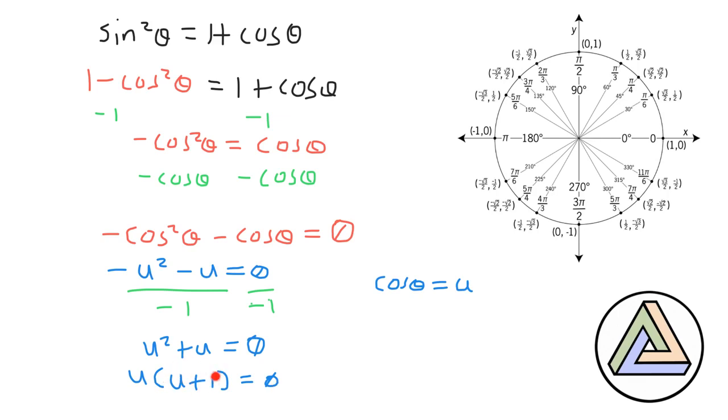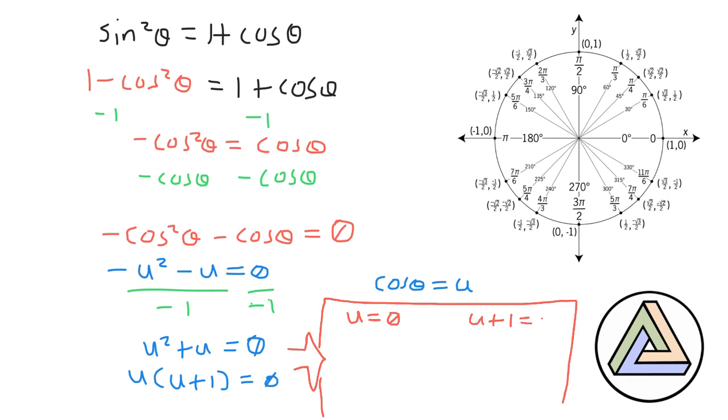And we also know that if this parentheses thing was 0, then 0 times whatever this is would be 0. So you could actually break that off into two separate equations, which I'm going to do right now. And those two separate equations would be u equals 0 because of the reasons that I said before, and then u plus 1 equals 0.